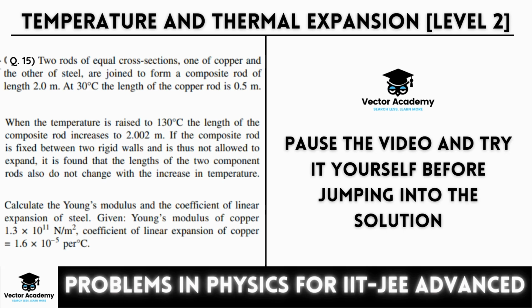Given Young's modulus of copper equals 1.3 times 10 to the power of 11 Newton per meter square. Coefficient of linear expansion of copper equals 1.6 times 10 to the power of -5 per degree Celsius. We at the Vector Academy recommend to pause the video and try it yourself before jumping into the solution.